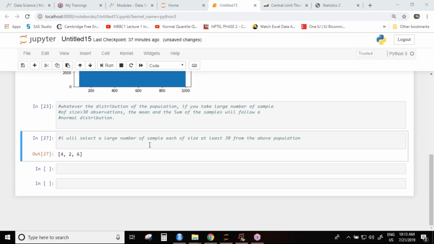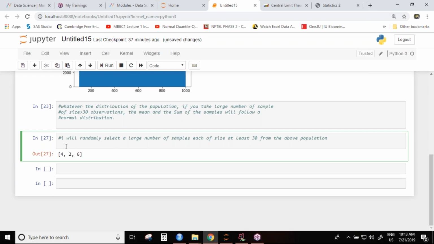I will randomly select a large number of samples, each of size at least 30.